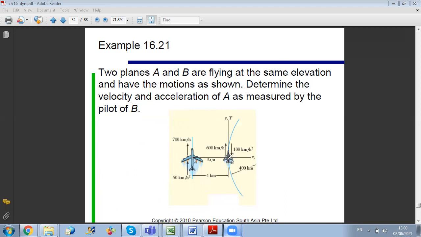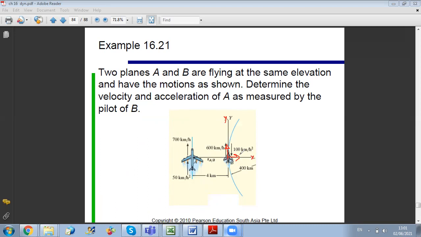Because B is rotating, if I put a frame fixed to the plane, it will rotate with it. So I just take a frame small x, small y. At this instant, in the figure, the frame small x, small y, and big X, big Y are coincident. So you can have a certain instant where you can take them as coincident axes.